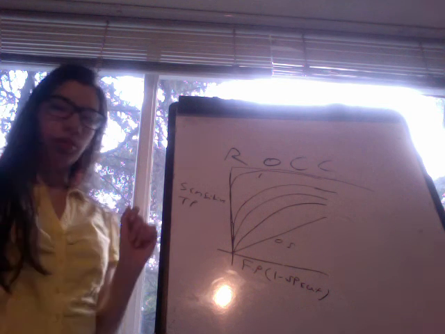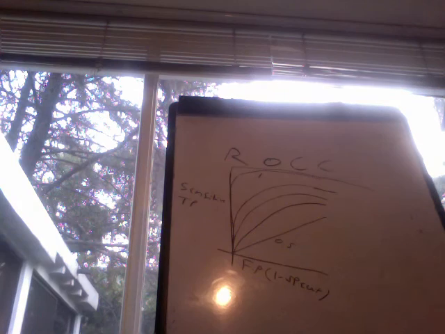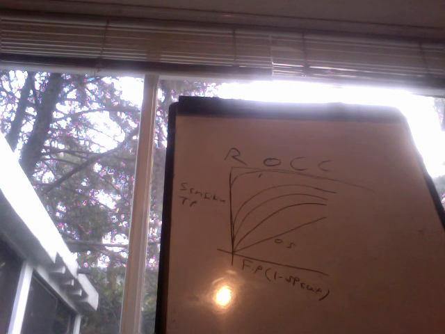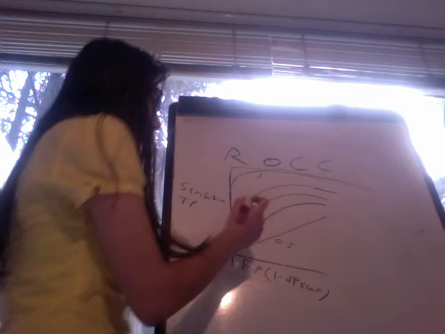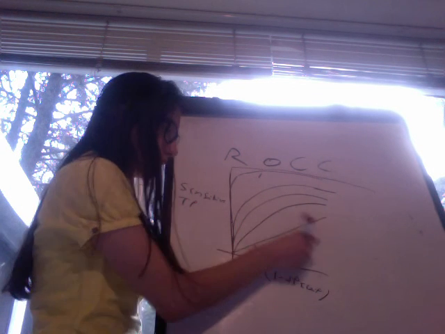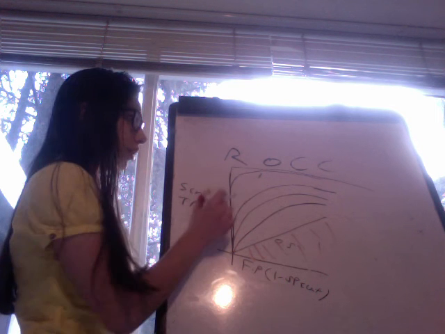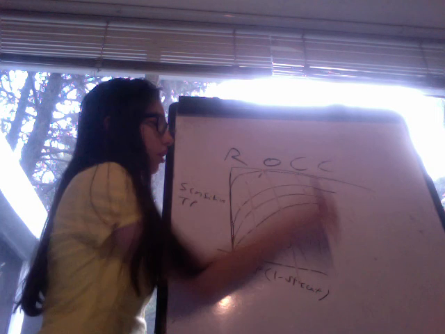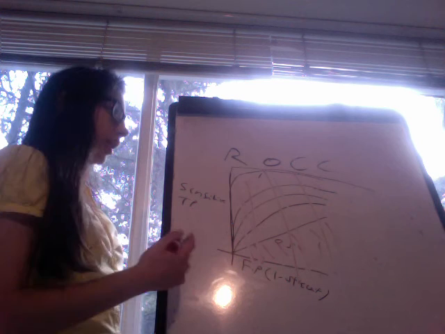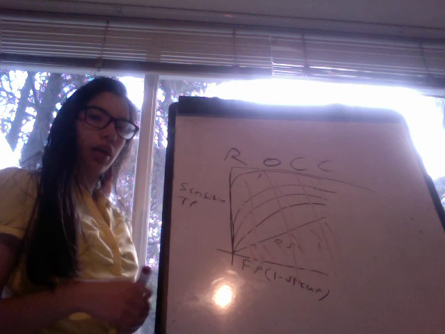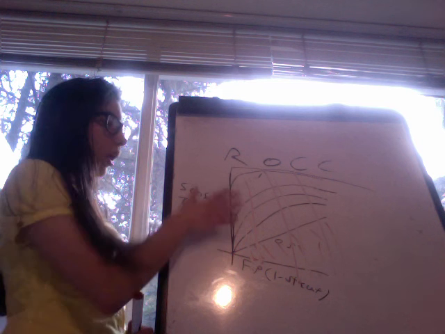So let me mark it in red. The area under the curve of this line is 0.5, and the area under the curve of the last one is 1. So our screening tests, that are these lines, have an area under the curve between 1 and 0.5.